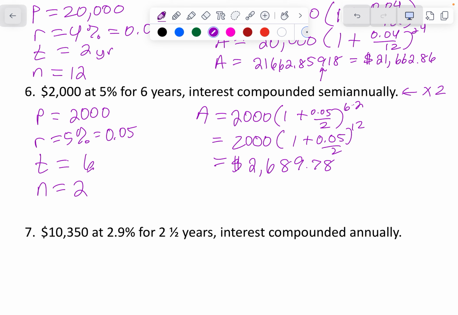Okay, so enter this one for me, so I can just see it. You can hit times, or you can just put the parentheses, because we don't know that it's times, so it's right in front of the parentheses.